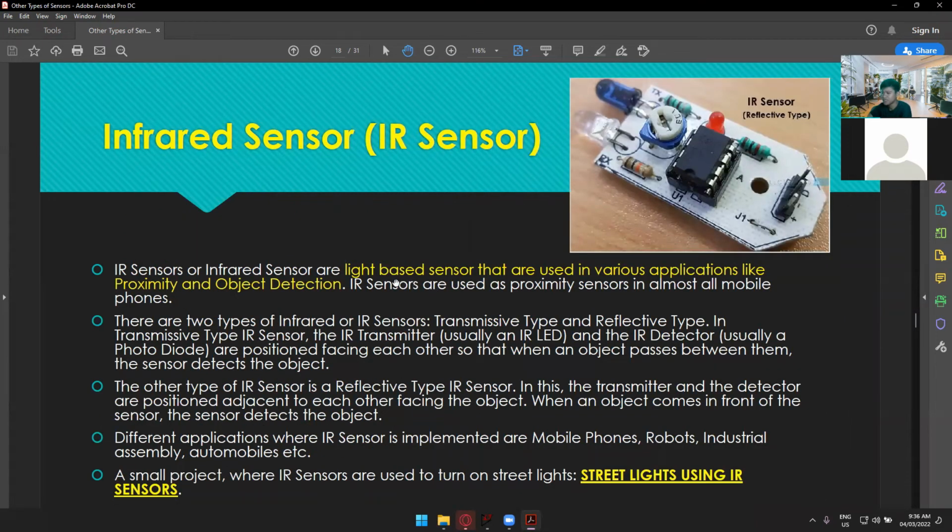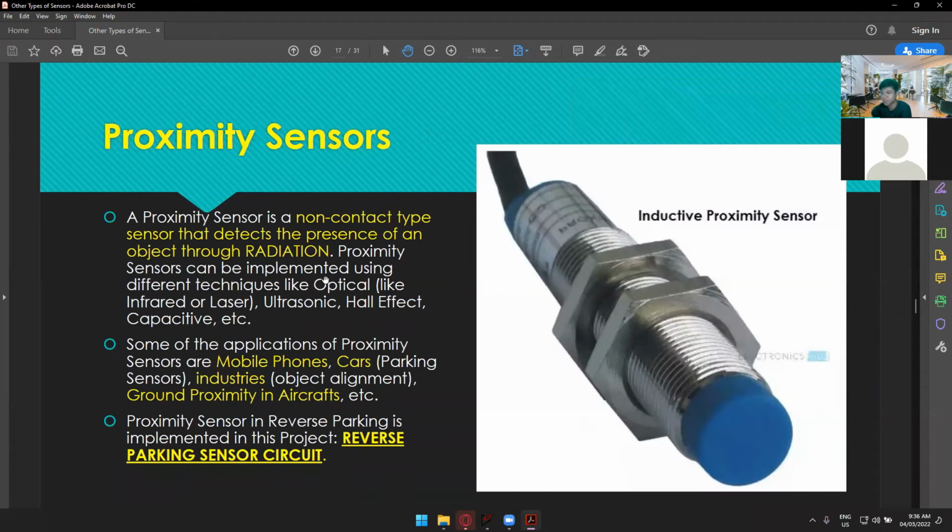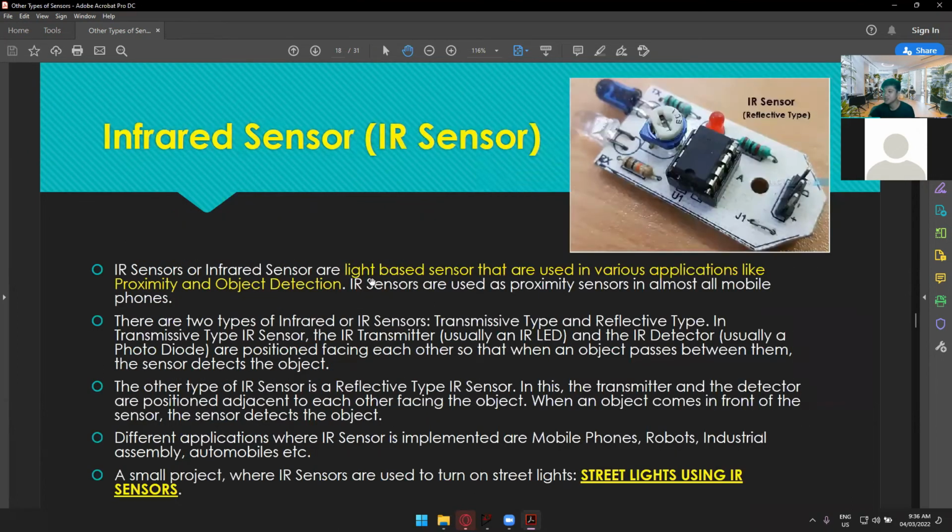So the one big advantage of proximity is that it doesn't need illumination anymore, so in dark places it can still detect objects. This one is useful for night activities that are happening without light. But the infrared sensor is, of course, most useful in daylight.